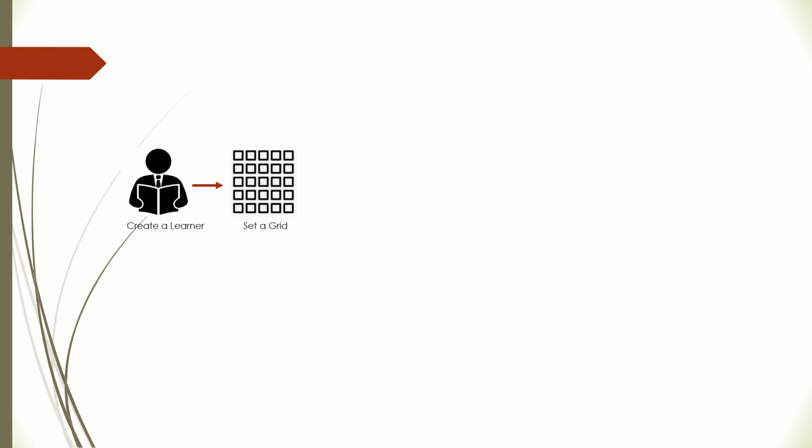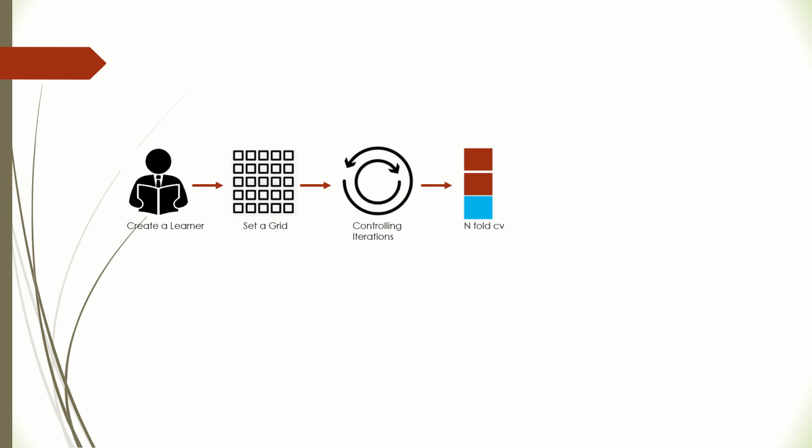So we set up that grid. Once that grid is set up, we also indicate how many times we want to run the entire process. Normally if we run it for a few iterations, the process will end pretty quickly. However, if we run it for a large number of iterations, it will run for a long time.